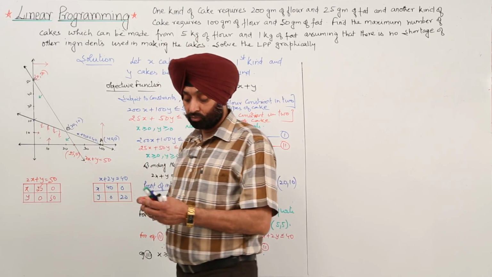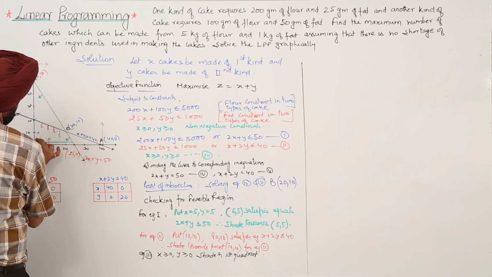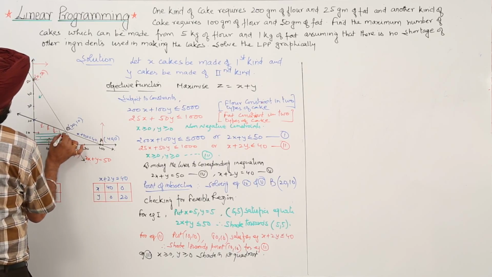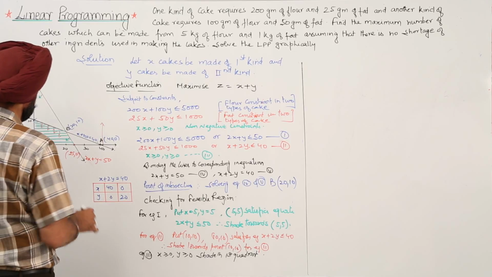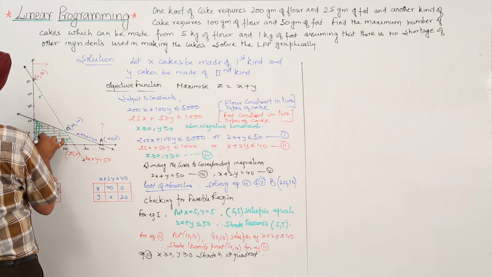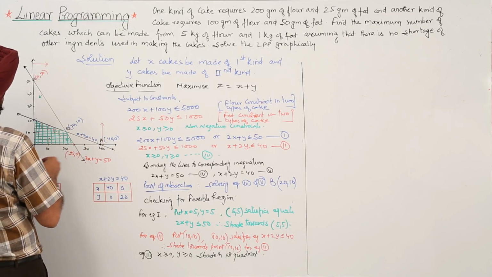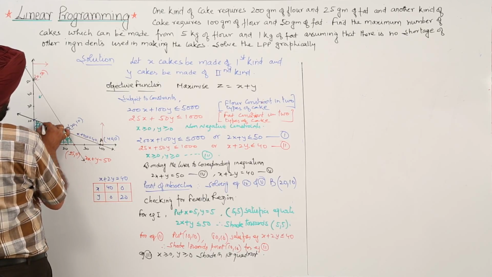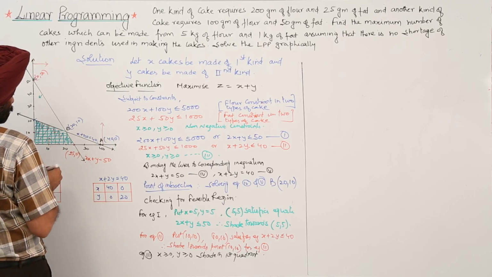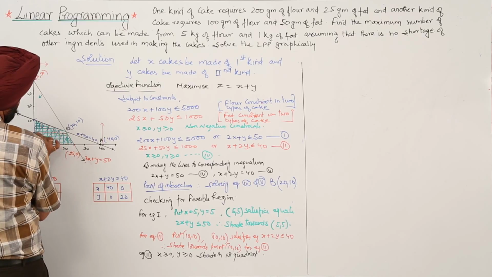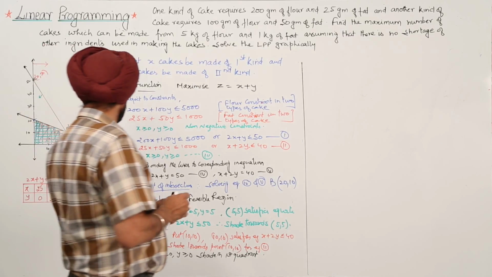So what is the common region? What is the feasible region? The feasible region is this part: x greater than 0, y greater than 0, x plus 2y less than 40, and 2x plus y like this.